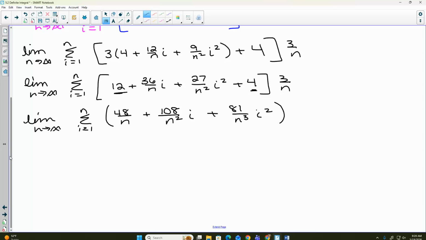All right, so that was just a bunch of multiplying. Now what? For each one, we separate each one and do the sum. So when we do the sum formulas, we drop that sum symbol.